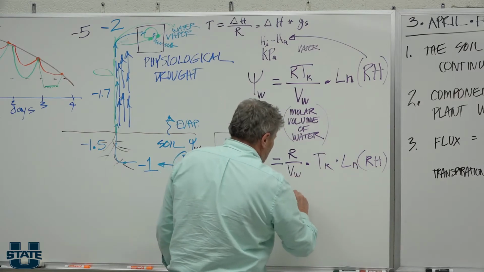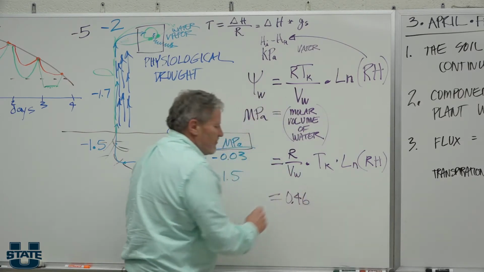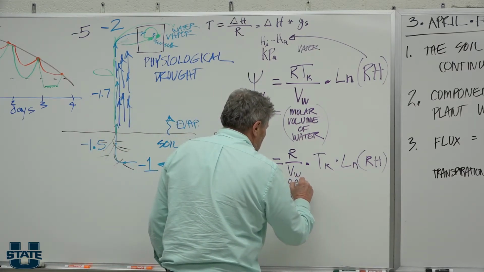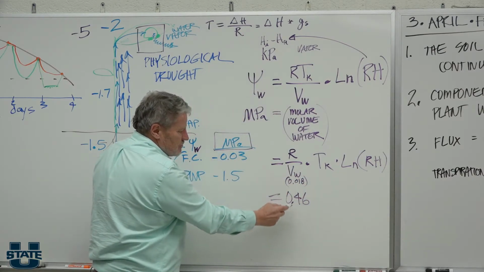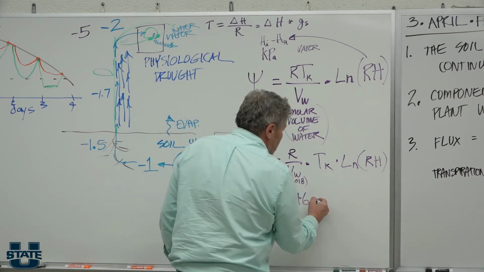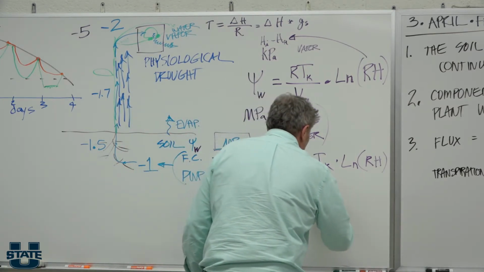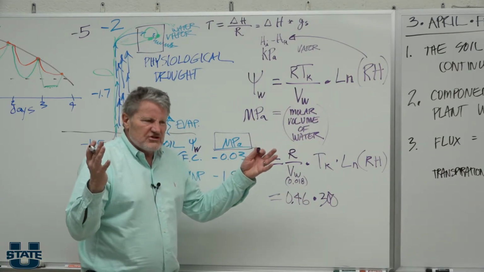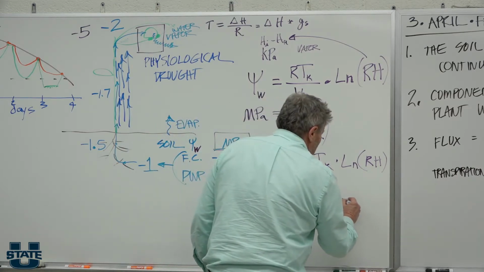This number right here is 0.46. The molar volume of water is 0.018. And I'm not going to go into the derivation, but this is 0.46. Temperature in Kelvin, let's assume 300, which is slightly warm, 27 Celsius. So this is a pretty constant, times the log.